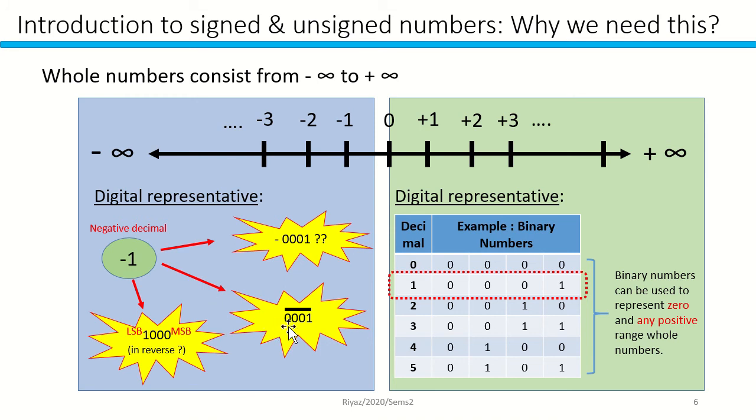Are you going to have 0001 with a bar over it? Or maybe in reverse, you put 0001 with the MSB on the right side and the LSB on the left side, which is very weird. None of these representations is suitable.